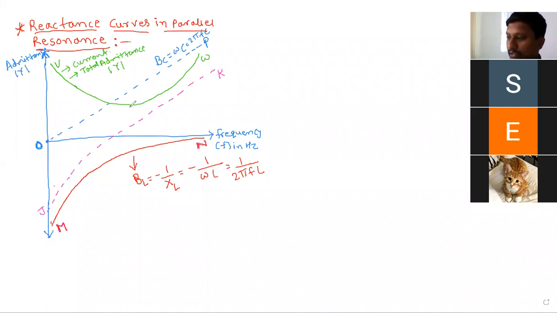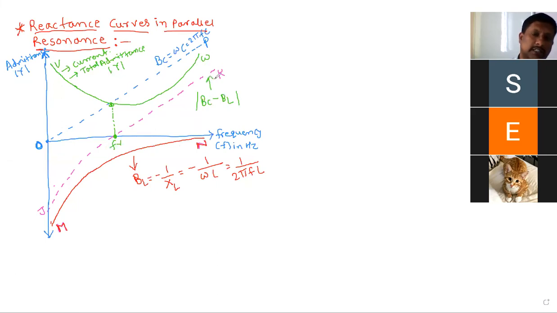So at resonance, at this point, this is the resonance frequency FR. At resonance, JK will come to 0. Okay, so JK means what? The subtraction between BC and BL, the subtraction between the two is JK.